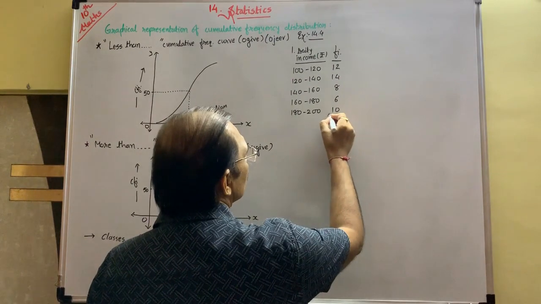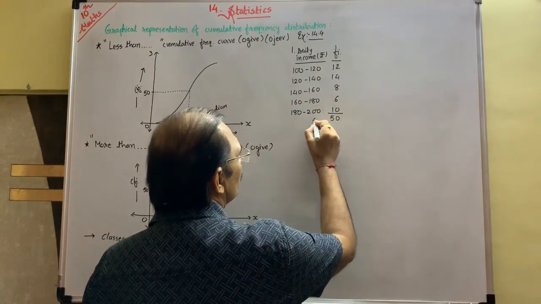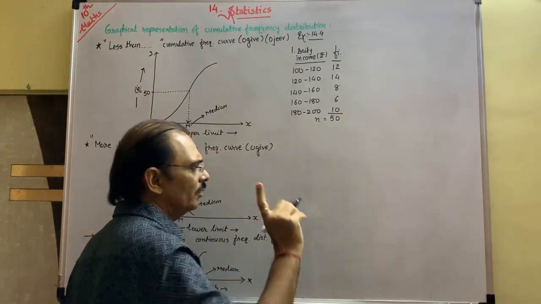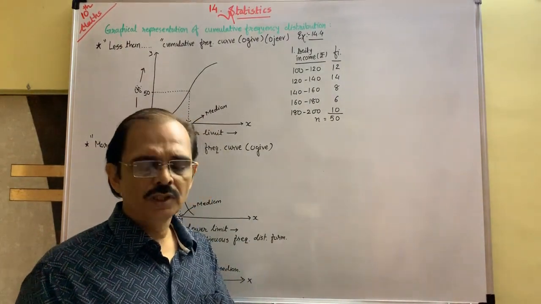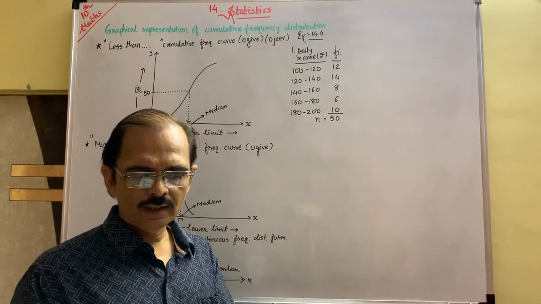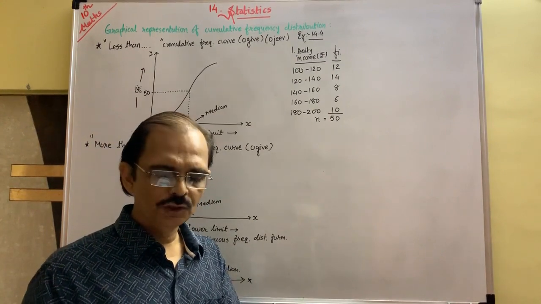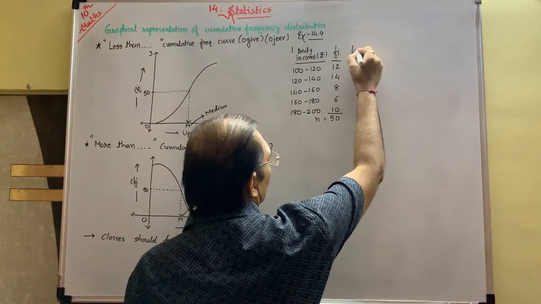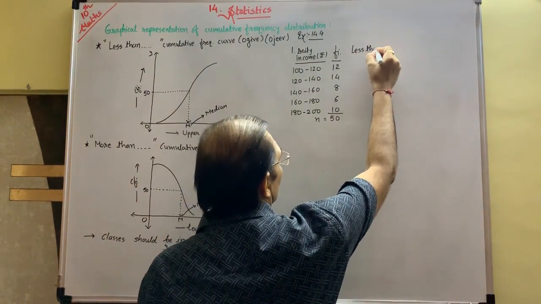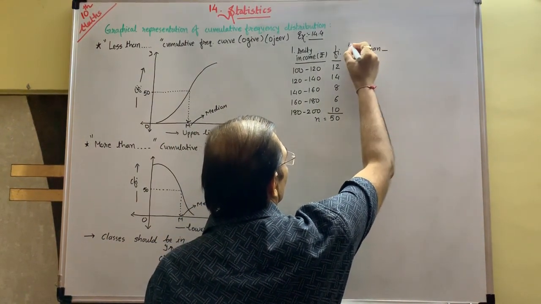Total 50 workers are given, so N is 50. Now the question is what? Convert the distribution to a less than type cumulative frequency distribution. So first we convert into less than type.